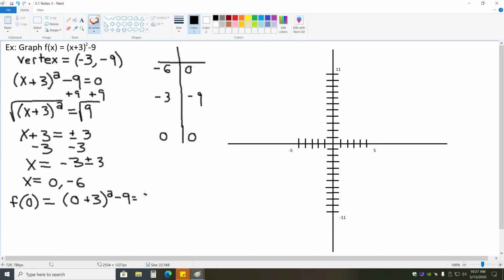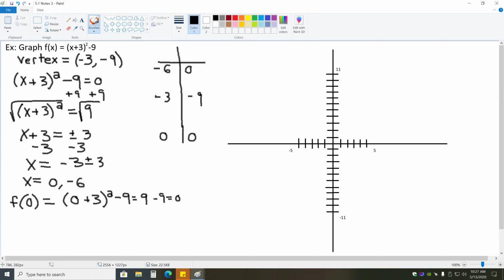Squared is 9. Minus 9 just gives us 0. And you could have also found that by just looking at the table. Because the x value is 0, that means this had to be the y-intercept. So this point is an x-intercept and a y-intercept, meaning we need 2 more points.